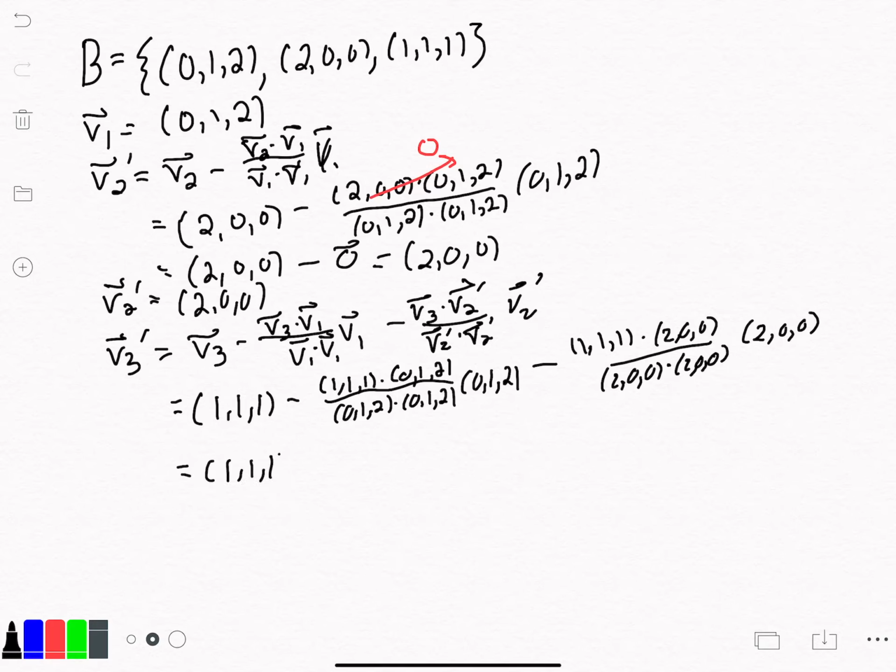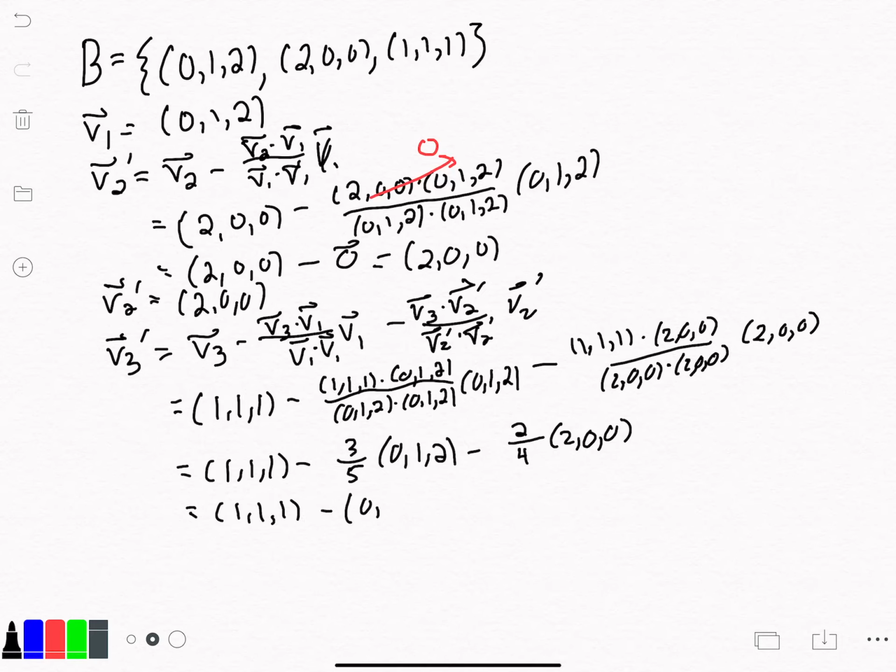And then we just do a little bit of work here. On top there, it looks like I'd have 3. On the bottom, I'm going to have 5. Over here, I'm going to have 2 on top, 4 on the bottom, and (2, 0, 0).